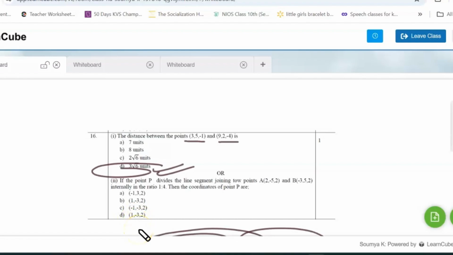Your matching option will be this: 1, minus 3 and 2. D option is matching, and I can see here B option is also 1, minus 3, 2. B option is also the same option given, so maybe it is some printing mistake. Just take care while you write the exam. You have to make sure there should be different options. Okay.